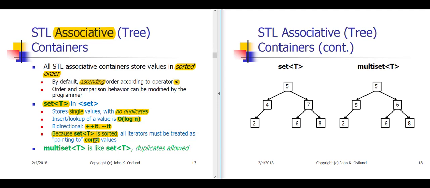So you're not allowed to modify a value that an iterator is currently pointing to when you step through a set. A multiset is like a set, except duplicates are allowed in a multiset.